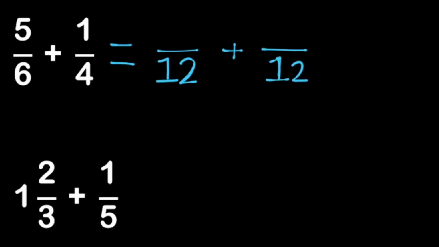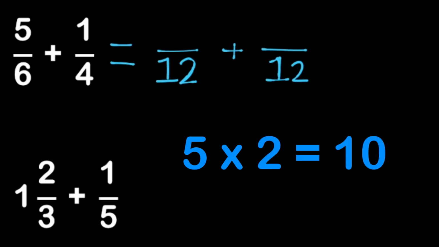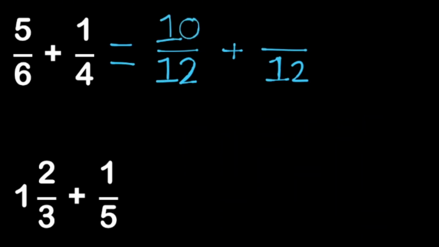And it's easier. Okay, to get 12, we multiply 6 by 2. So we need to multiply 5 by 2 to get 10. You need to multiply the numerator and the denominator by the same number to get equivalent fractions. No adding and subtracting, only multiplication and division.